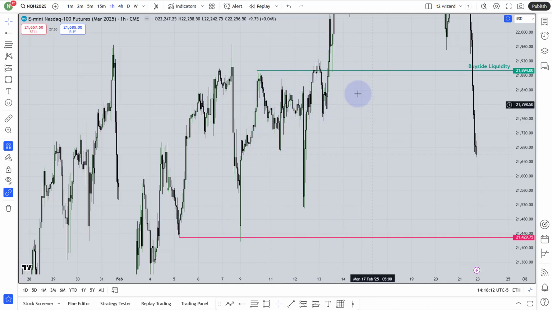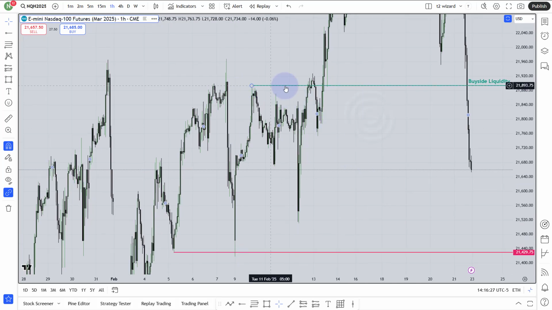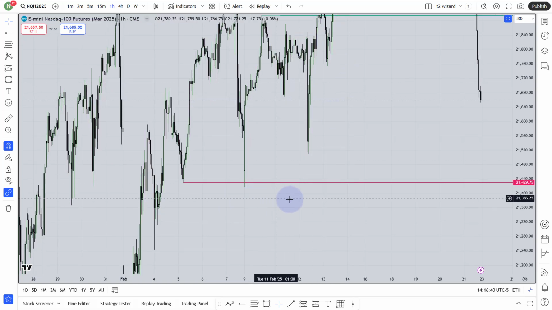The easiest way is to mark relatively equal highs or relatively equal lows. Below the relatively equal lows, retail traders put their buy stop, sell stop, that is our sell side liquidity. Above the relatively equal highs, they put their buy stop, that is our buy side liquidity, and they believe that this buy stop is not going to be taken, or the sell stop is not going to be taken.